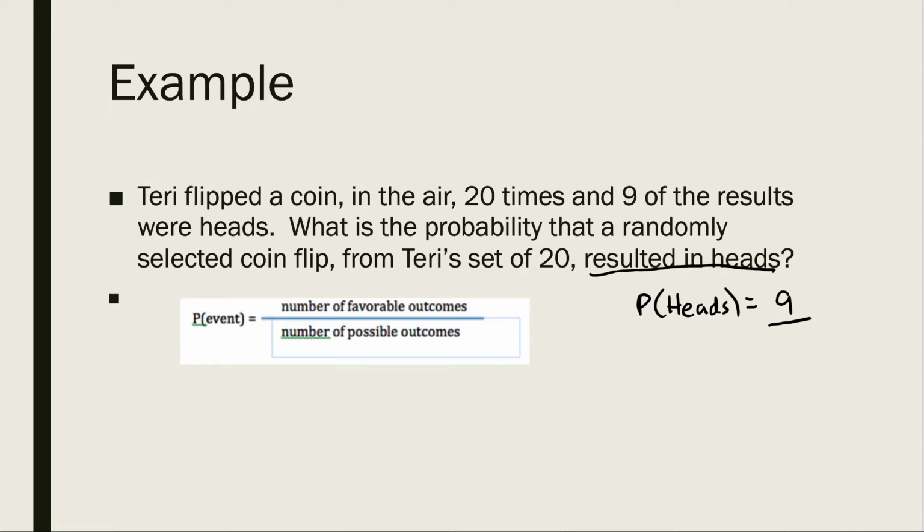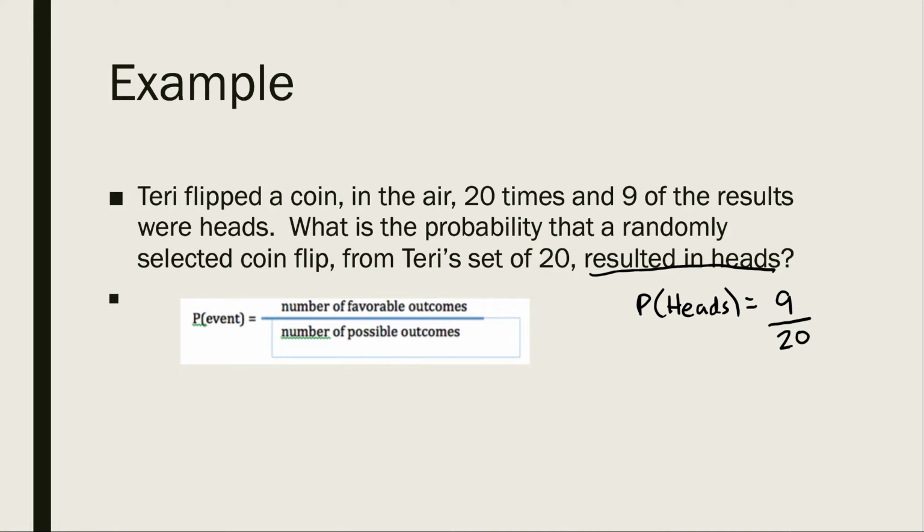So there are 9 favorable outcomes. There are 9 times that we got what the problem is asking us about. And then the number of possible outcomes, that would be 20. That would be the number of times that she did that experiment. So our probability of getting heads would be 9 out of 20.